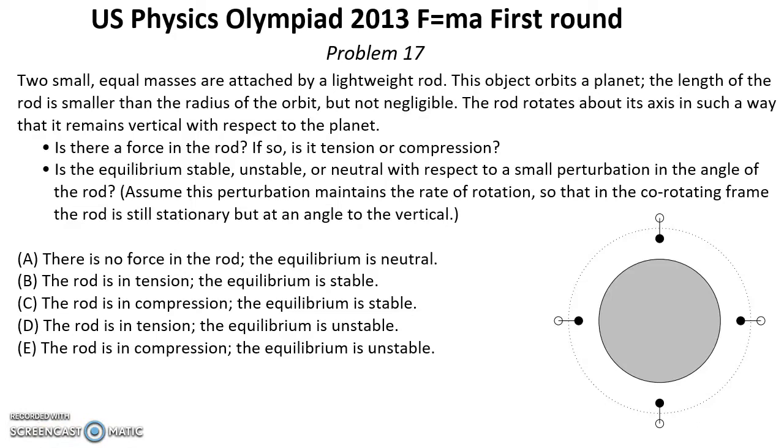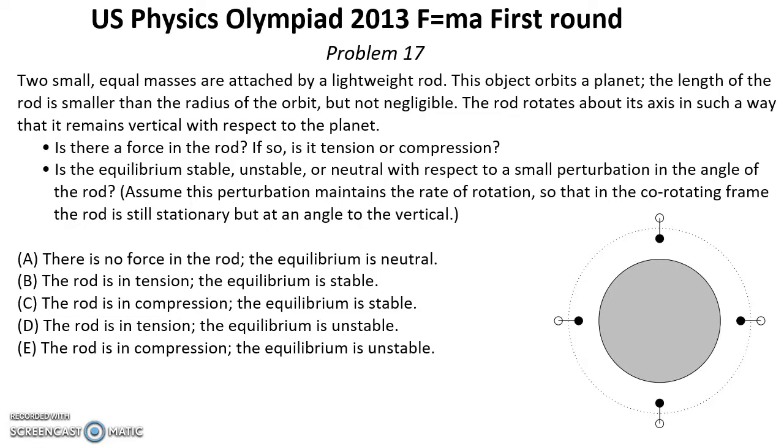Solution. Let's analyze this motion. Because the gravitational force goes as inversely proportional to r squared, the inward force on the inner mass is greater than the inward force on the outer mass.